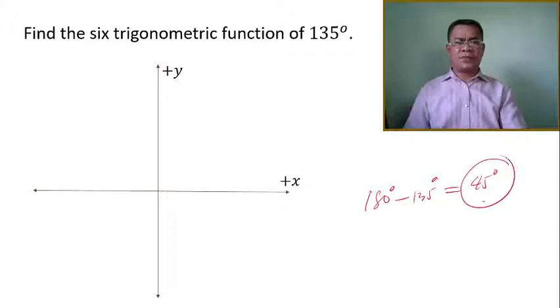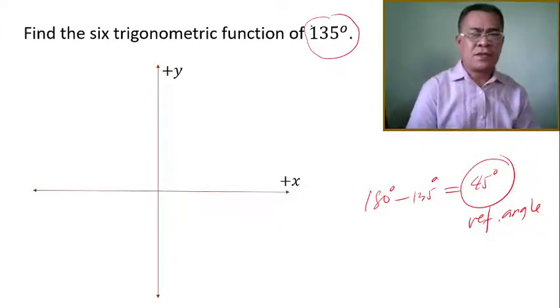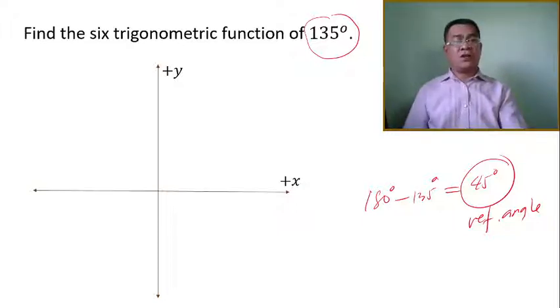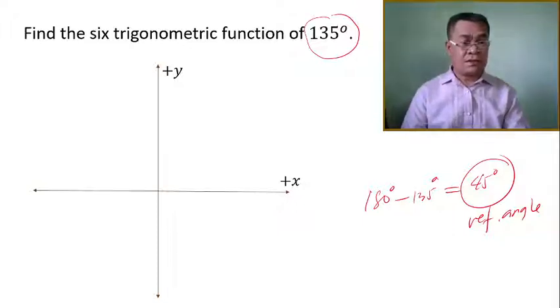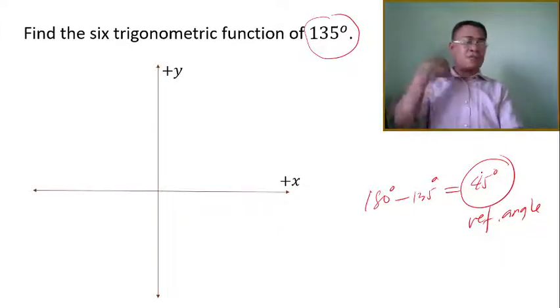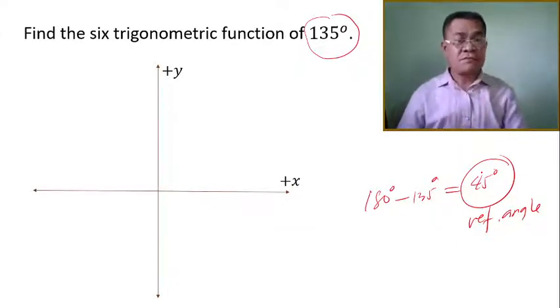So this is our reference angle, and the reference angle is a special angle. Hence, the magnitude of the trigonometric function of 135 is the same as the magnitude of the trigonometric function of the reference angle. We say magnitude because we disregard the sign, since there are negative values and also positive values.